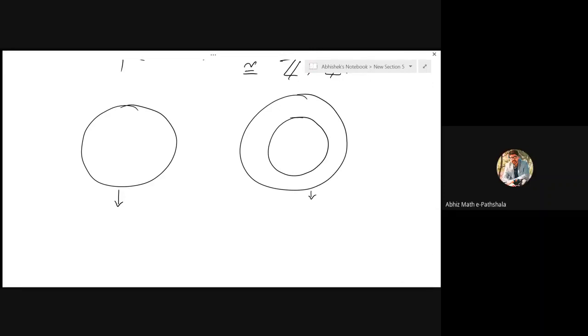Sorry, homeomorphic to S1. Because if you just take the deformation retract, then you will see that actually you can just span this circle to this external circle. Okay, thank you, sir.